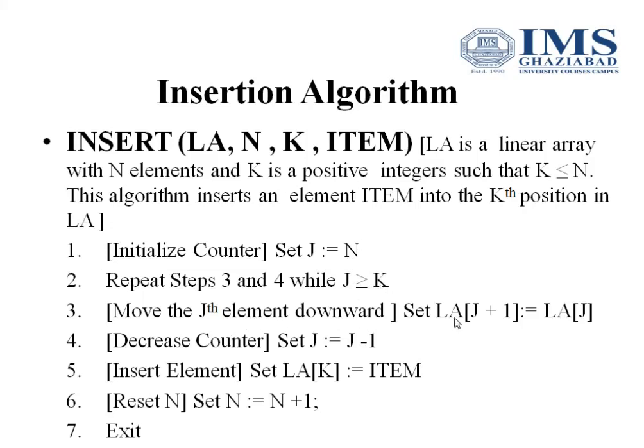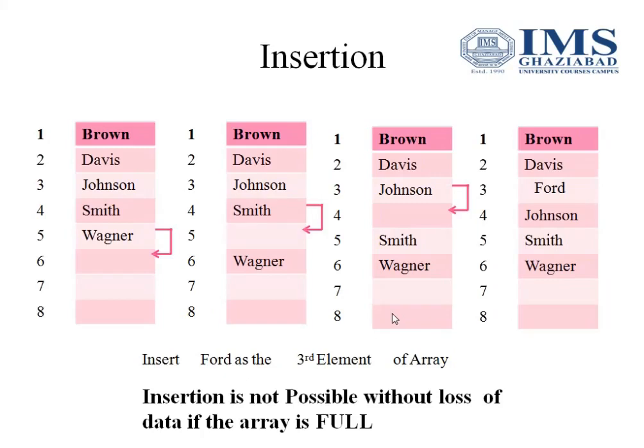So we set LA[j+1] equal to LA[j]. In our previous example, the value of j is 5, since the last element is present at index 5.